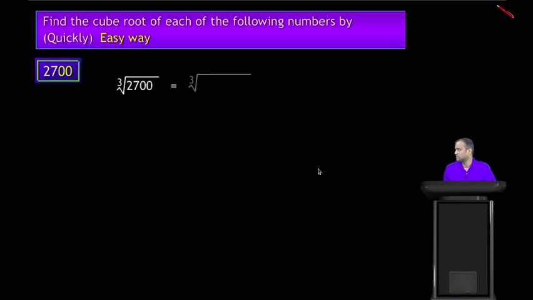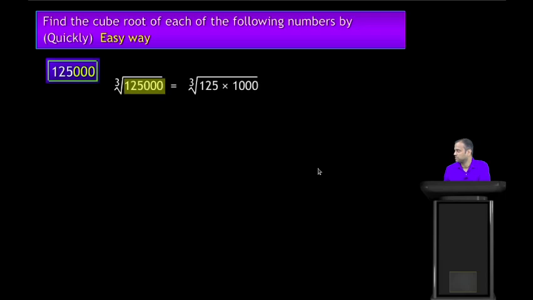So we can write this one again as the cube of 27 into 100. Now for this number, again count the number of zeros. Yes, very good, it is 3. So we can write this one as the cube root of 125 and then the cube root of 1000. Now what is the cube root of 125?